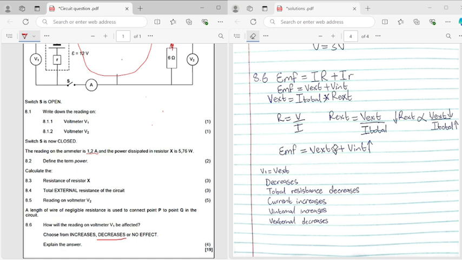So whenever there's a change in one of those two, either V internal or V external, the other one has to cater for the change. In this case, since V external decreases, V internal has to increase to keep the balance, so that this value can remain 12 volts, which you got there.